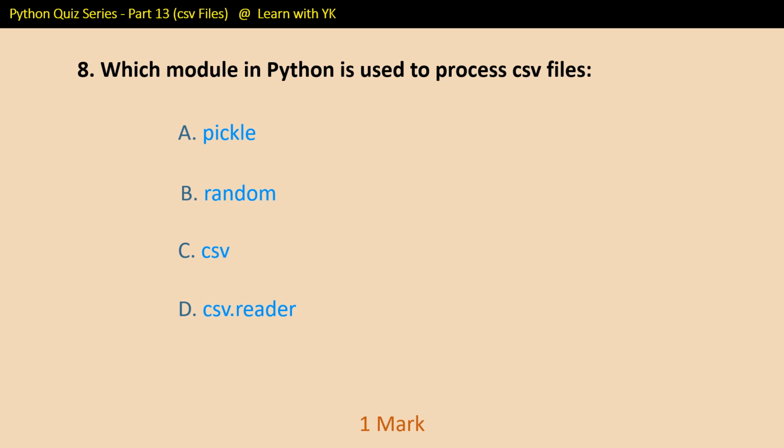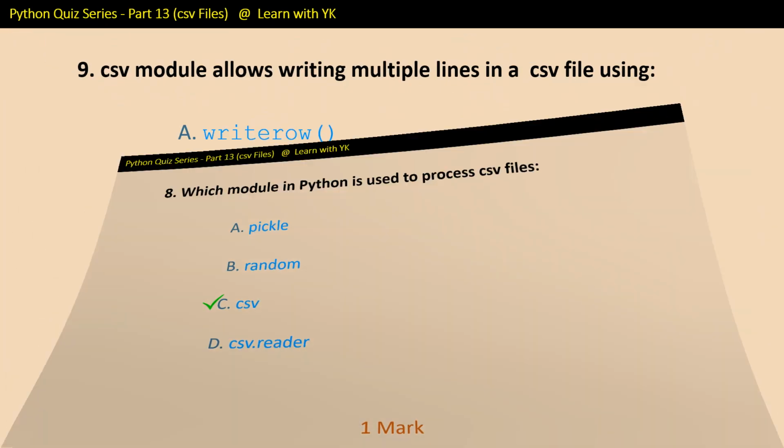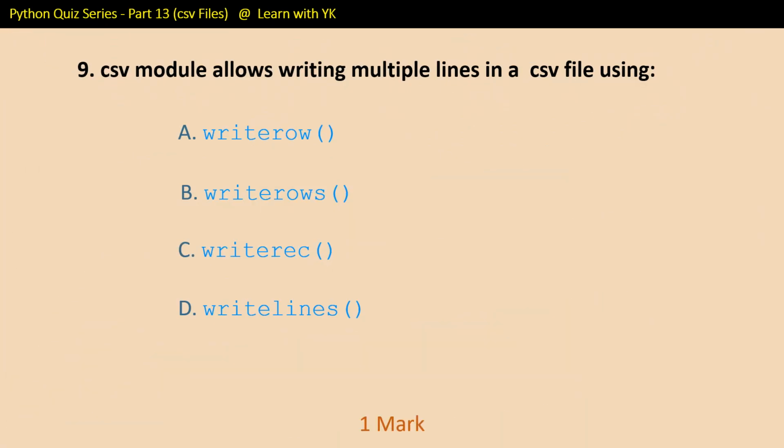Which module in Python is used to process CSV files? And the correct module is csv. Question number 9. The csv module allows writing multiple lines in a CSV file using, which of these functions is used to write multiple lines together in a CSV file? It is writerows, option B.